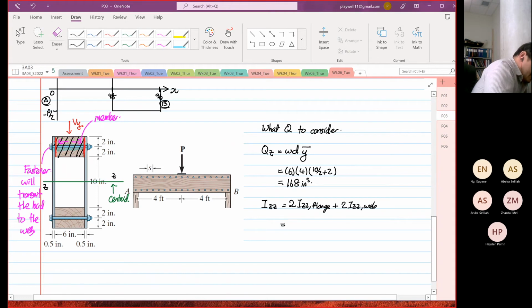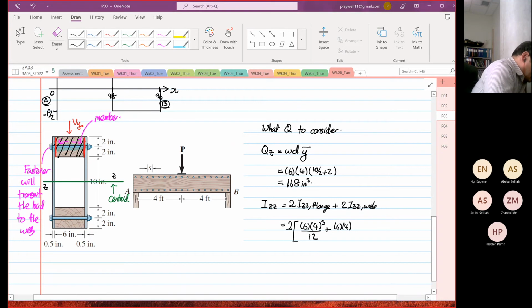While marking the term test, I realized some of you are missing some calculation for your first moment of area. So let's look at the flange first. 6 multiplied by 4 cubed over 12 plus, this is a term that some students got missing.